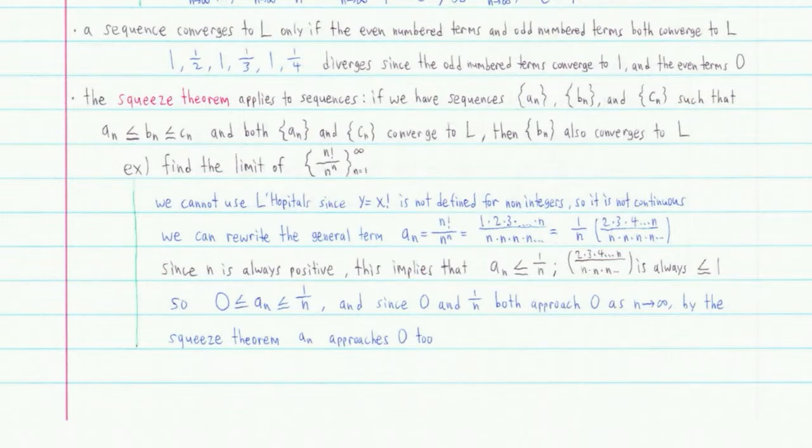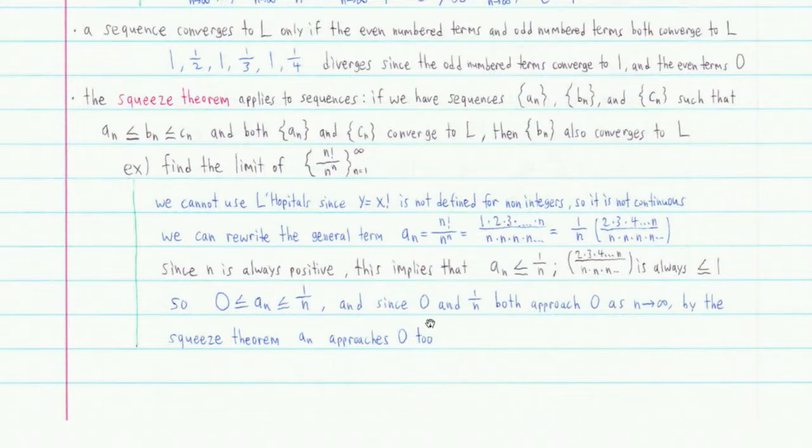So now we have upper and lower bounds for the general term. The general term is always going to be greater than or equal to 0, and it's always going to be less than or equal to 1 over n. So these two sequences sandwich this term.